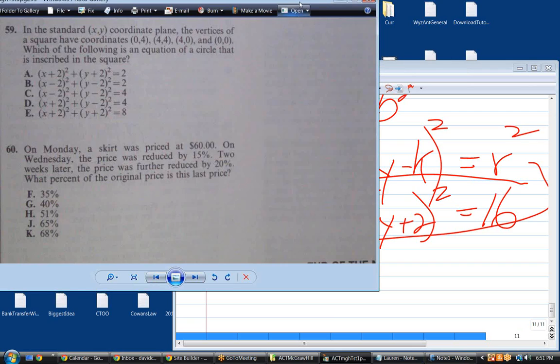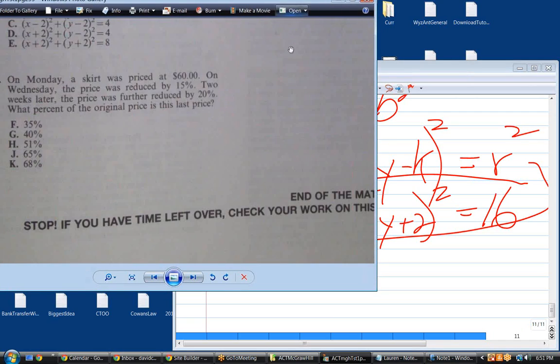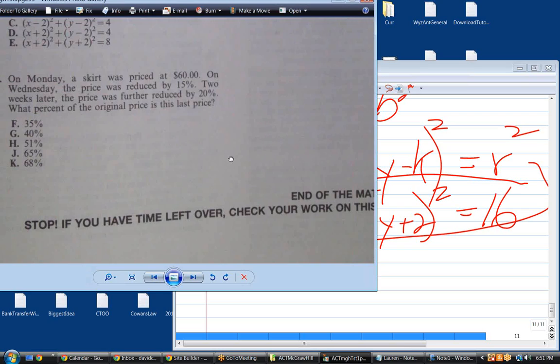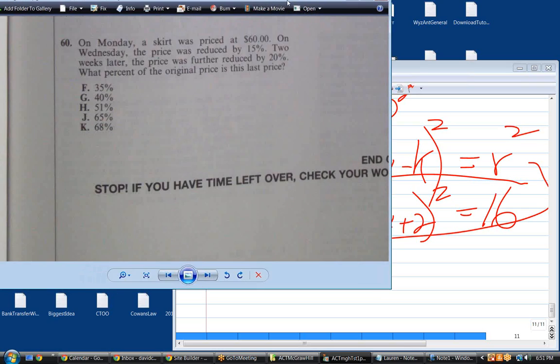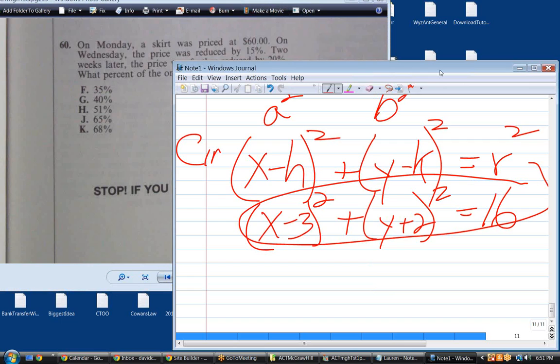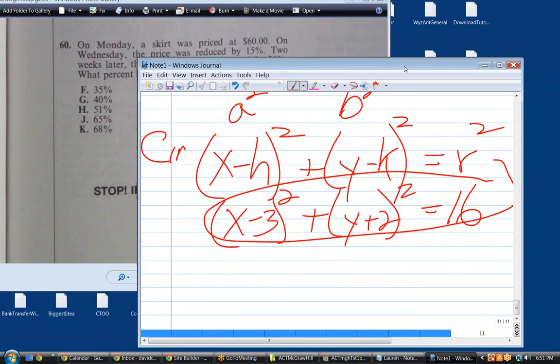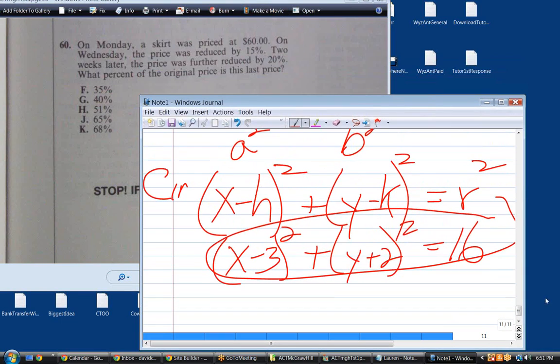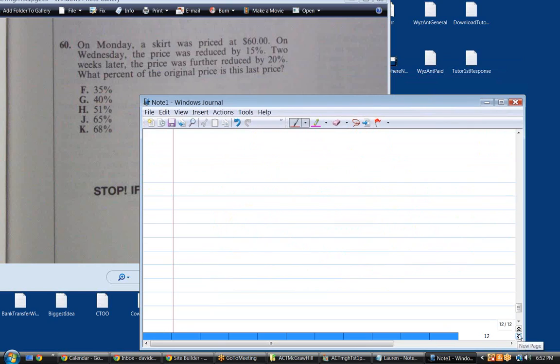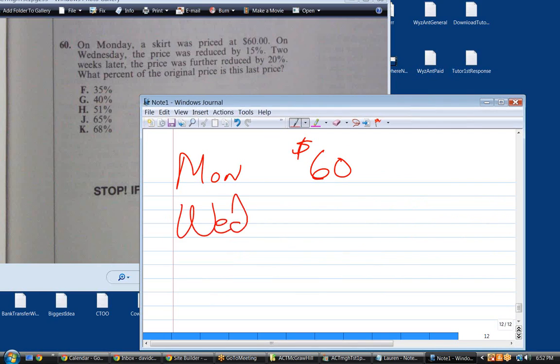$60. Normally this is a really hard problem. This is real easy. What's the price on Wednesday?